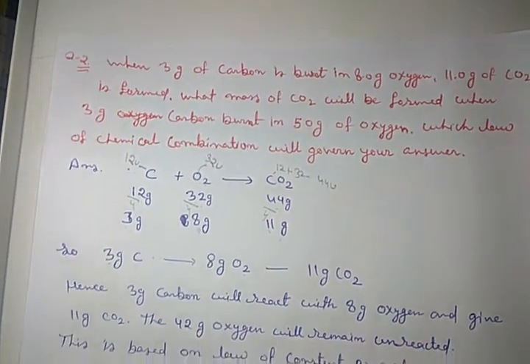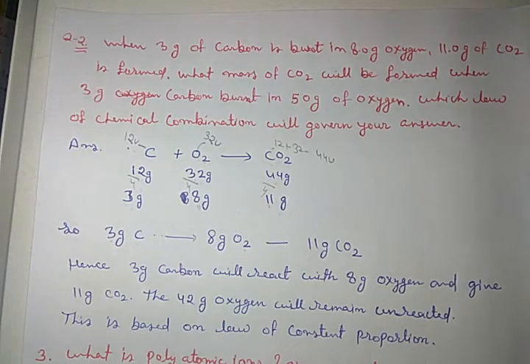We require 8 gram of oxygen because, as you know, the law of constant proportion says that elements in a molecule are always in a constant proportion. Their ratio is always constant.